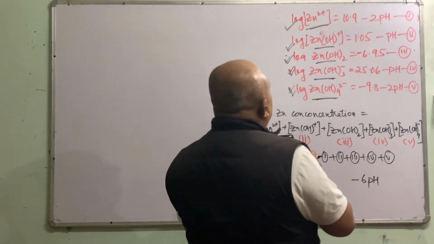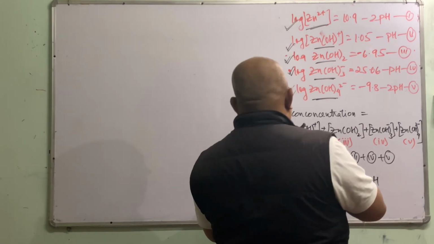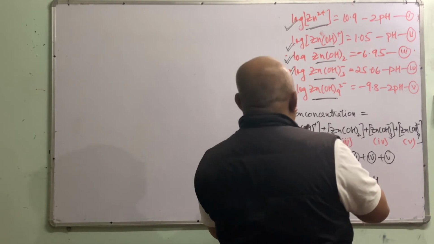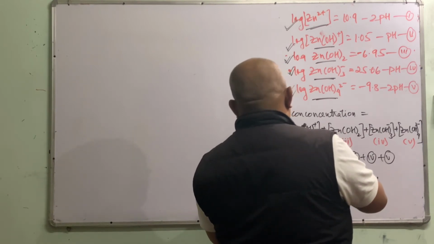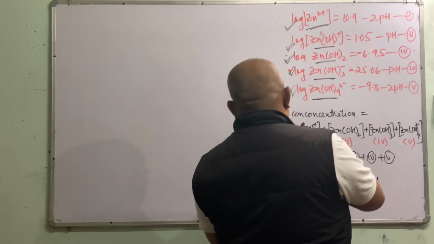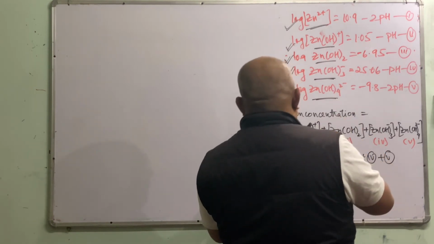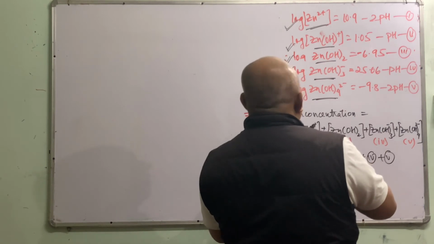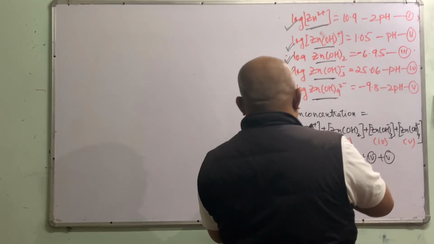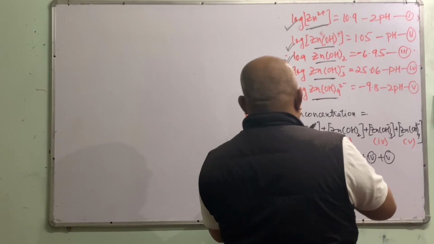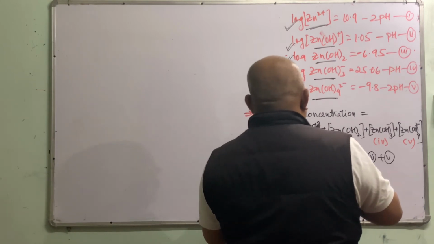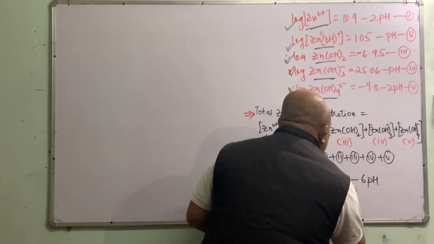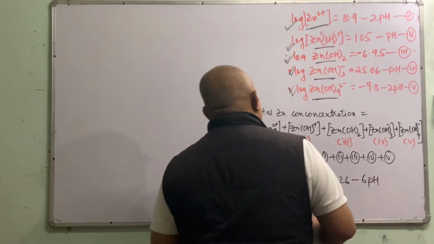First is 10.9 plus 1.05, oh, plus 1.05, minus 6.95, plus 25.06 minus 9.8. So this is 20.26. Okay.